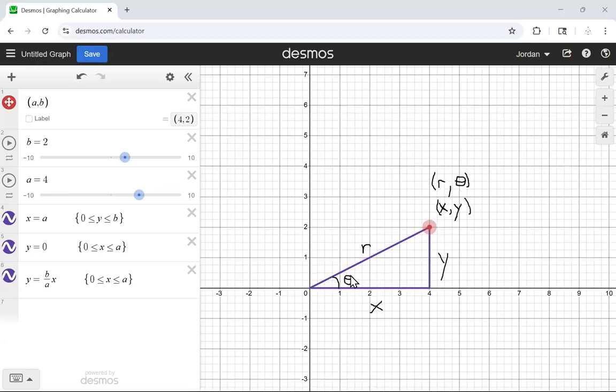That is, theta is always going to be measured from the x-axis to this ray. So that's the idea. And now we have these four equations that convert back and forth. If I give the x, y, now I can find the r and the theta. If I'm given the r and the theta, now I can find the x and the y through those four equations.